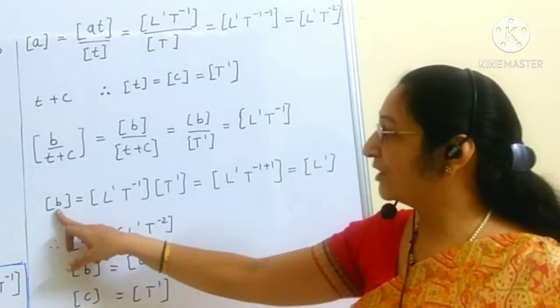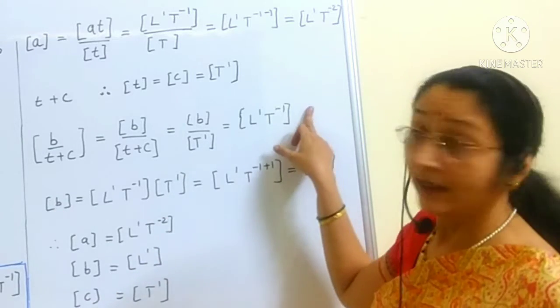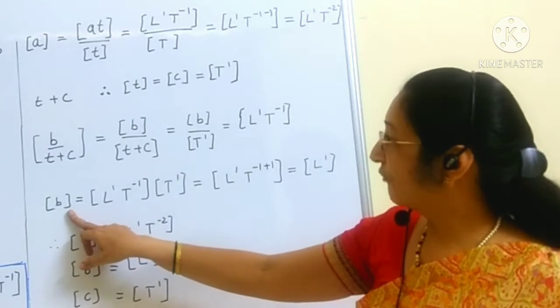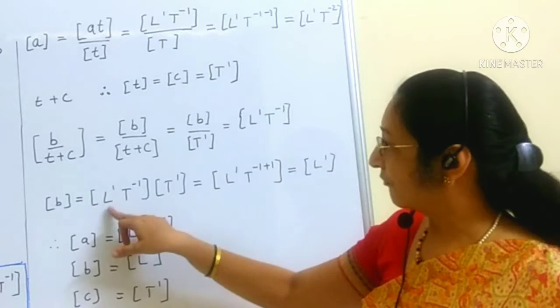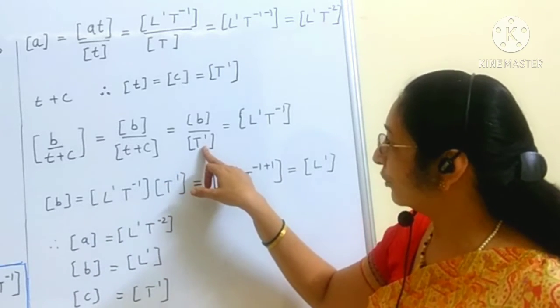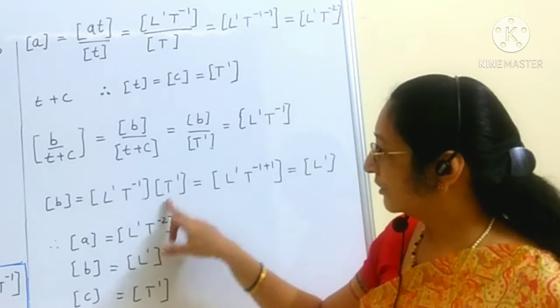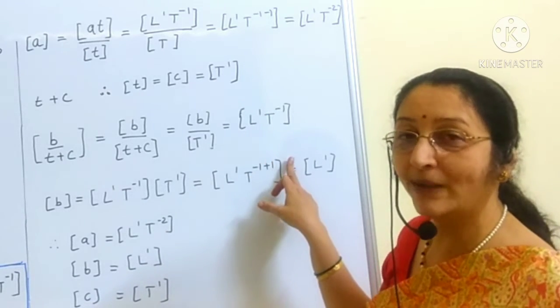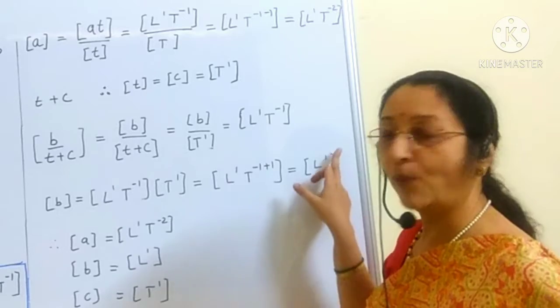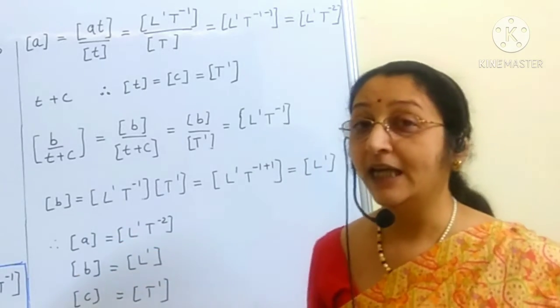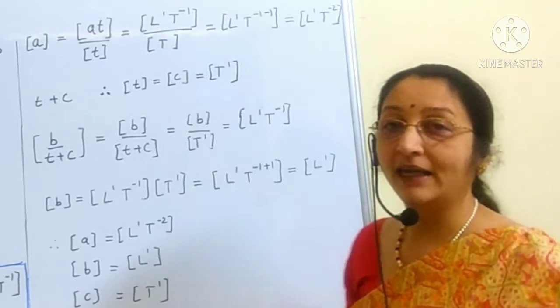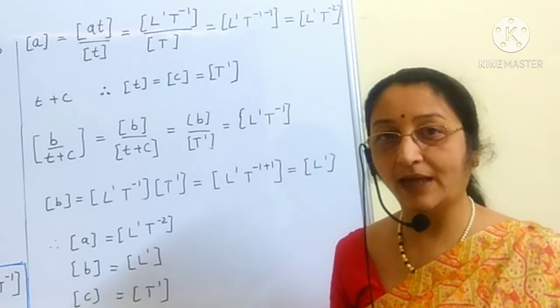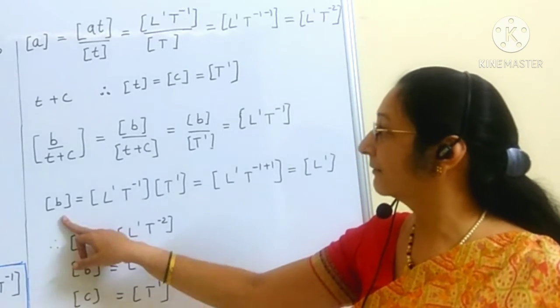Hence, we write the dimension of B as L to the power 1, T to the power minus 1, and T to the power 1 from here. L to the power 1, T to the power minus 1 plus 1, that is 0. So, L to the power 1, that is in meters. We can say this is the length.